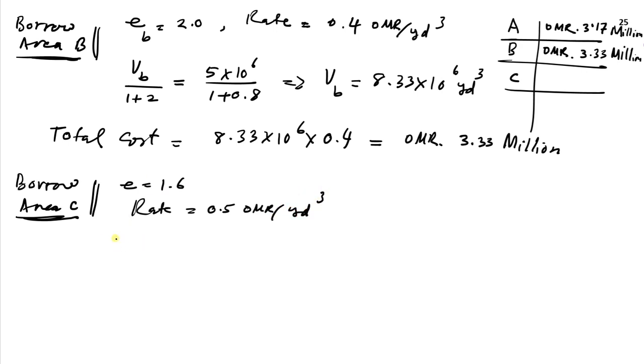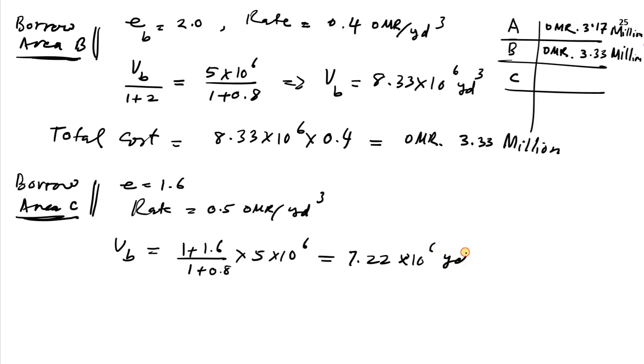So let's calculate the volume. This volume is going to be 1 plus 1.6 over 1 plus 0.8 times 5 into 10 raised power 6. I just put the values directly. So this volume comes as 7.22 into 10 raised power 6 cubic yard.